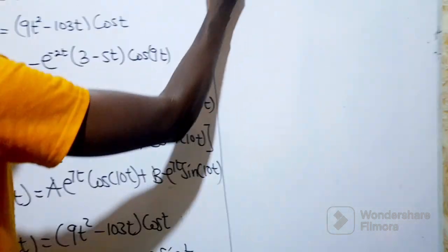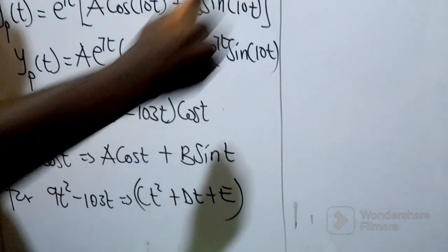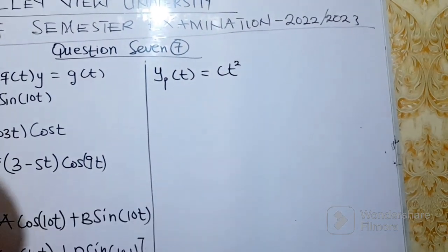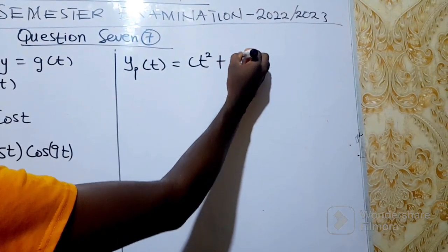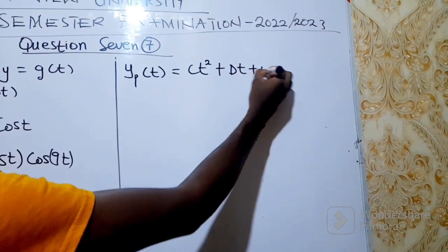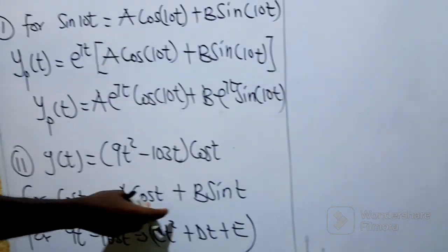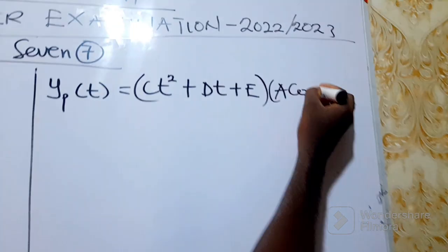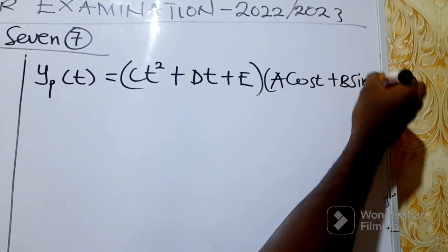So our yp(t) will be equal to the quadratic function, which is (c t squared plus d t plus e), times the trig form, which is (a cos t plus b sine t).